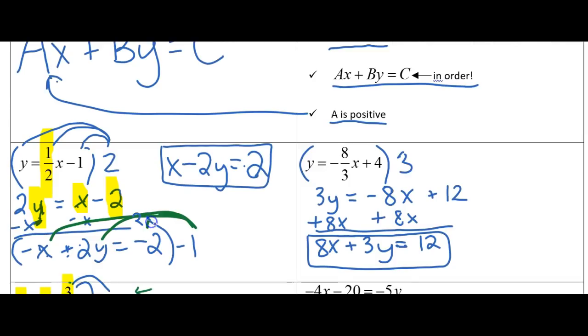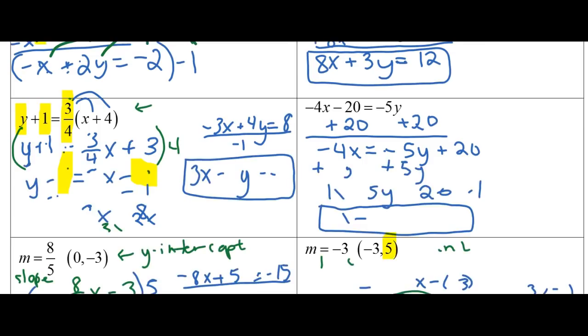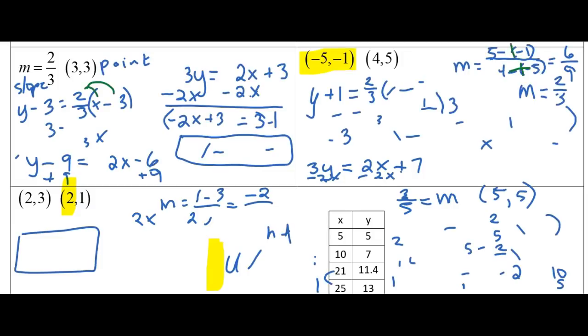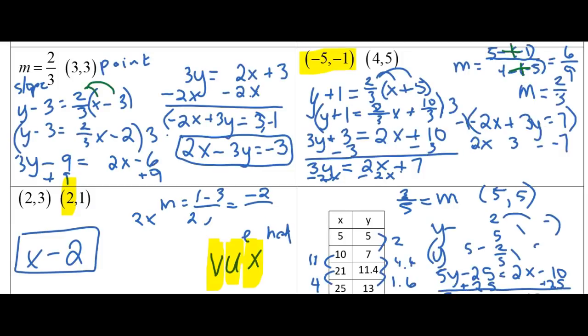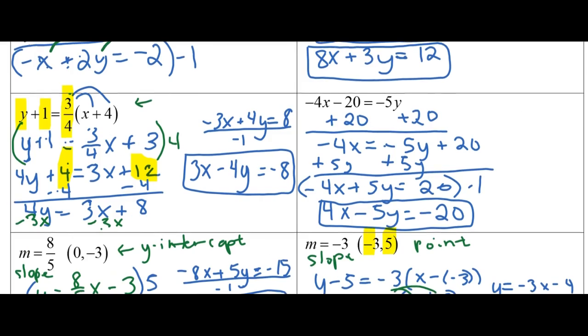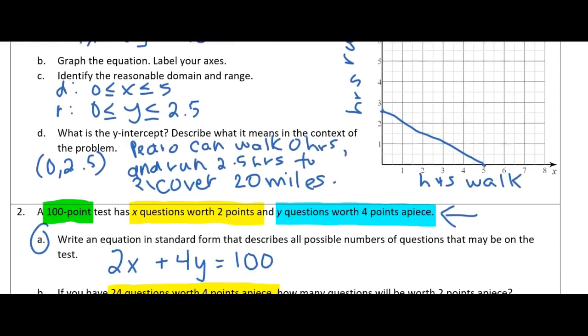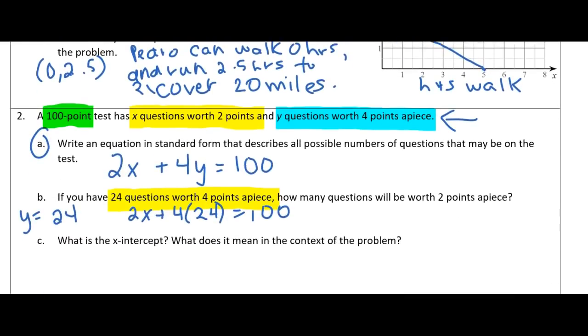Looks like I'm writing in fast mode, but I just can't get this scroll down to where I was at. Okay, so I have 2x, 4 times 24 gives me 96.